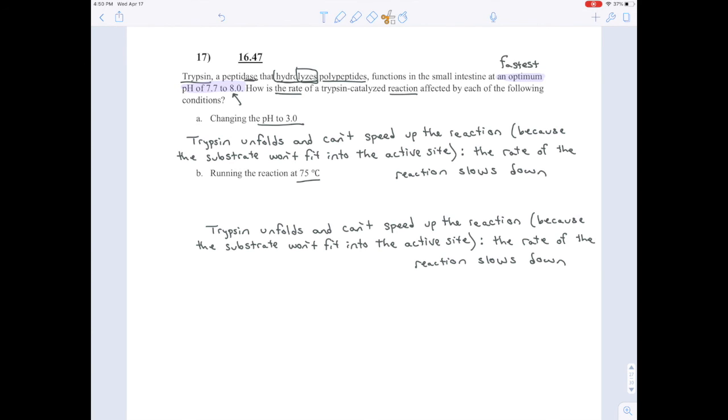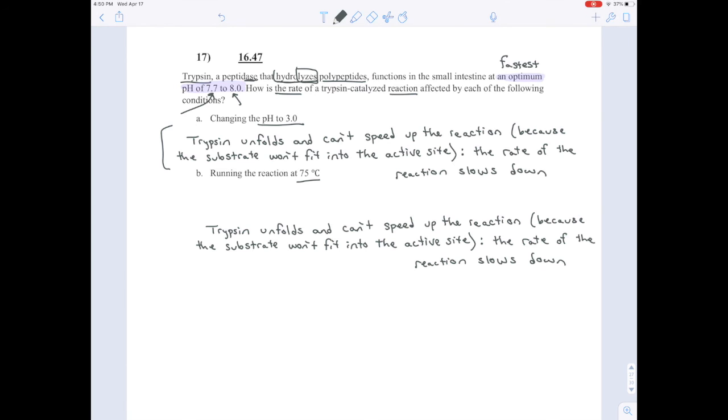Now, if they had given any pH outside of this range, it would slow down the reaction because the same thing would happen. Trypsin would start to unfold, and so it wouldn't be able to eat up its little Pac-Man food as fast. The substrate molecules wouldn't fit into the active site as well, and so the reaction would slow down.